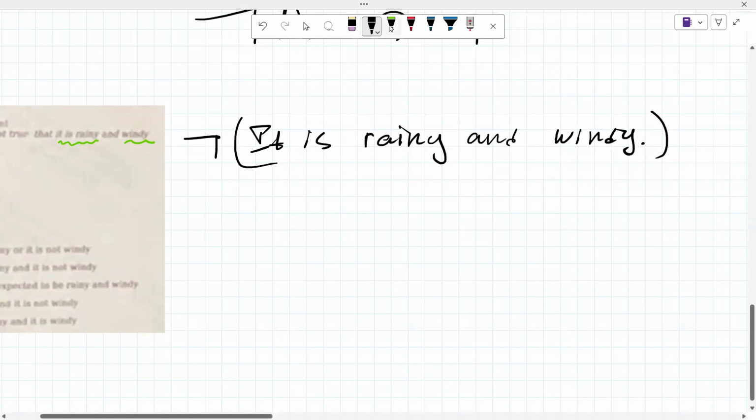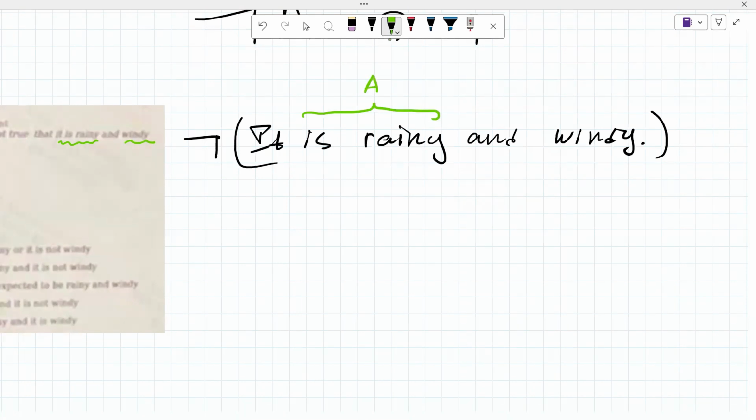Usually what I do, I just shorten this part. I write A as it is rainy, and I write B as it is windy. So our statement is it is rainy and it is windy. What we do is we contribute not, and here we simply apply De Morgan's law.